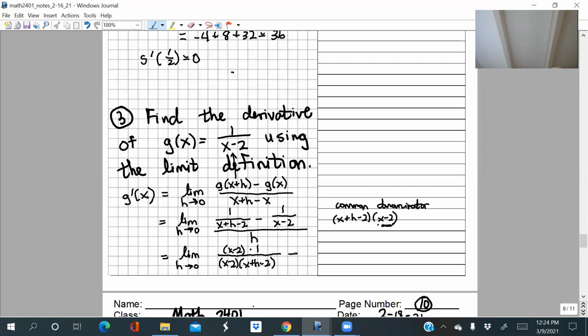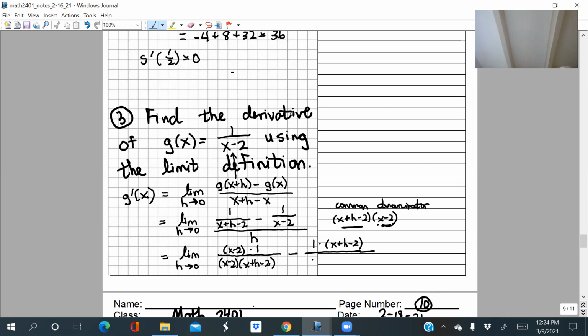Now, second fraction, what do I have to do? Well, you've already got the x minus 2, right? That's in this fraction's denominator. So you're missing this. So you have to multiply that into the top and the bottom. All right, so let's multiply it into the top. So I'm going to take the 1 and multiply it by x plus h minus 2.